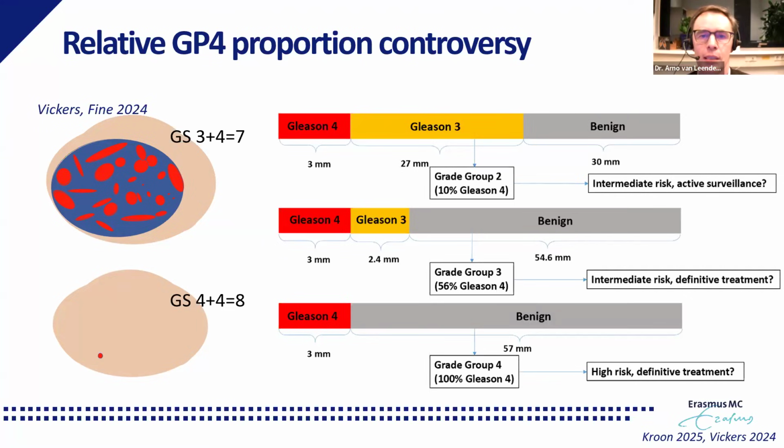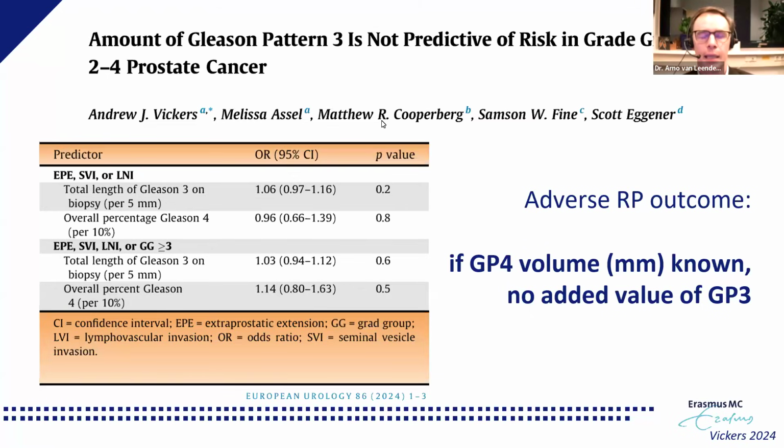So here we can see that risk classification is not based on pattern 4 volume, but purely on its relation to pattern 3. So what the group at Memorial Sloan Kettering did is they developed models on biopsies, and they included the routine clinical parameters such as PSA and clinical stage, and then added the absolute volume of pattern 4. So what you actually do then is measure the total length of cancer in biopsies.